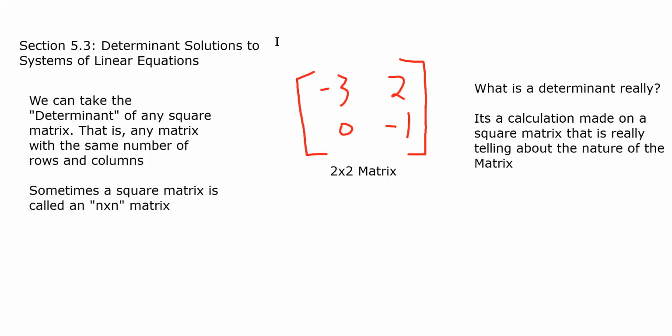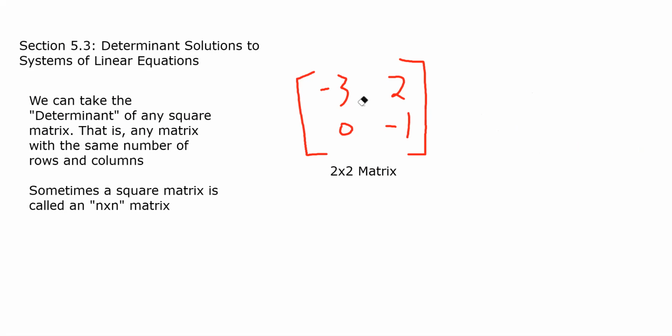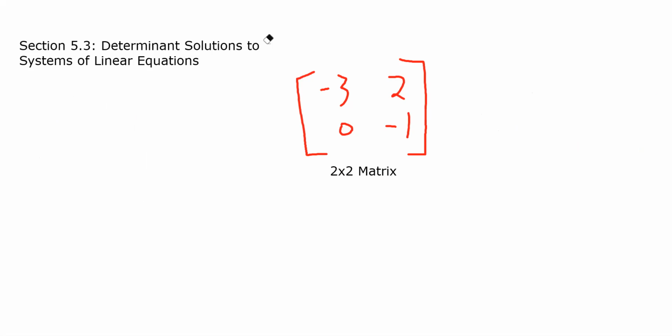Now, how the heck do we actually calculate a determinant? Well, let's look. Let's say you have a matrix, and because we want to make a general formula for a determinant, it depends on the number of rows and columns you have.